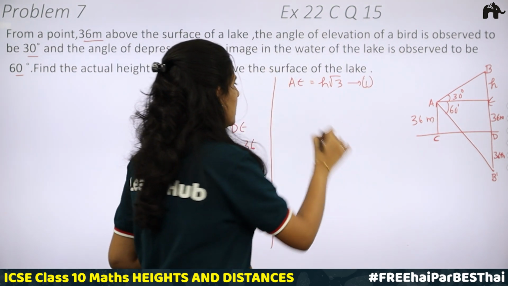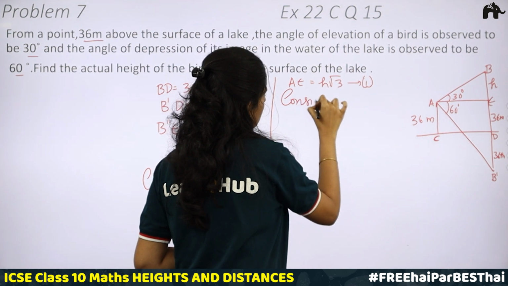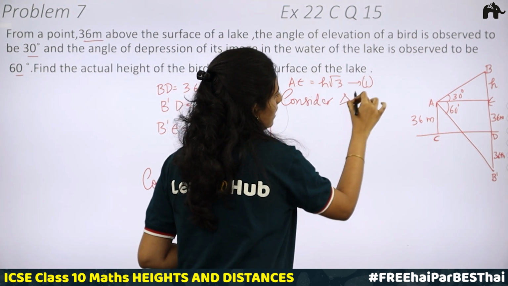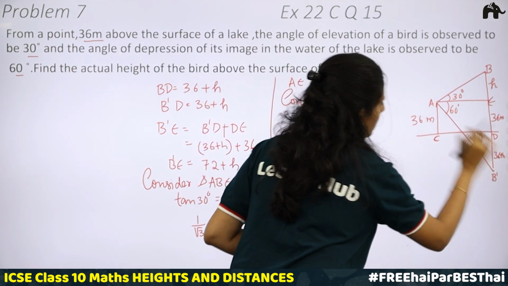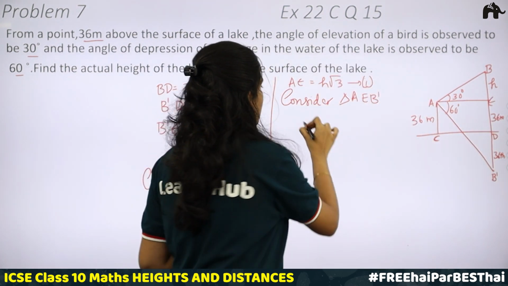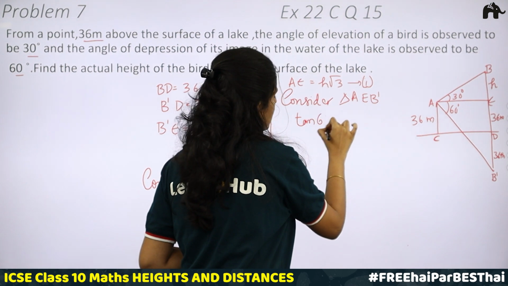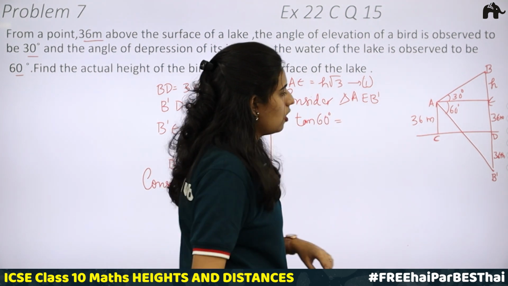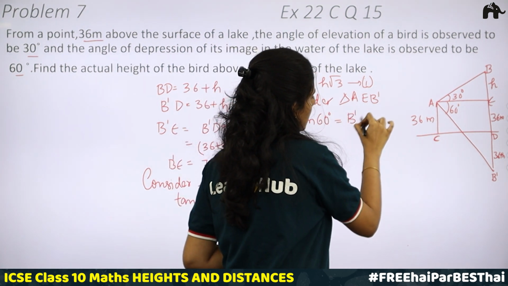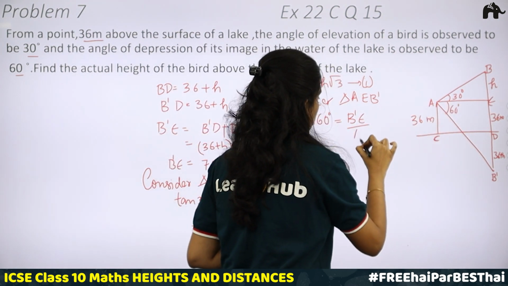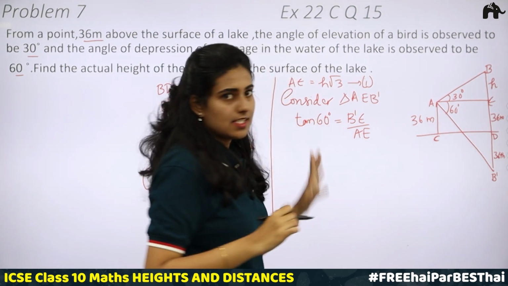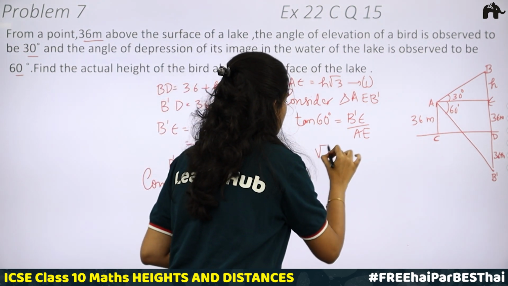Now consider the second triangle, triangle AEB dash. Here we have tan of 60 degrees is equal to opposite, B dash E, divided by adjacent. Here again it is AE. Tan 60 degrees is equal to root 3.